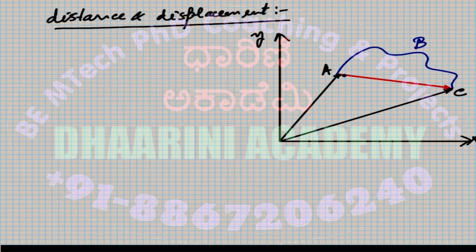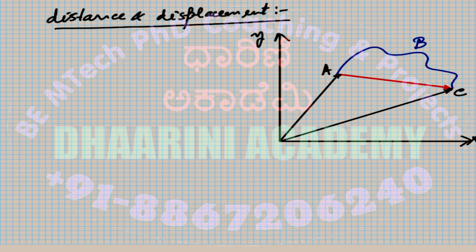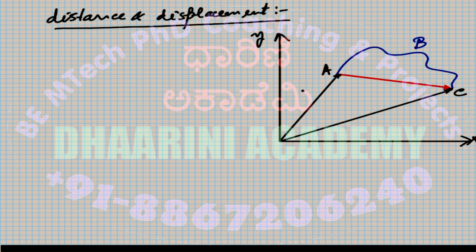Now let us say that the position vector for A is RA, the position vector for C is RC, and the difference is delta R. It is moving from A to C. Now, what is the equation to find displacement?